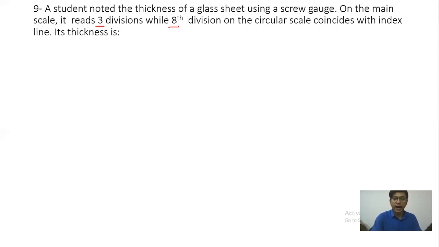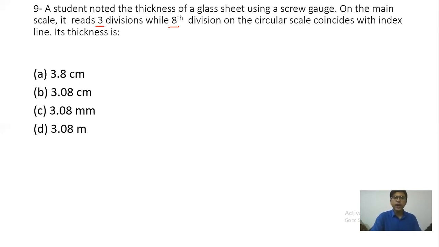Now, what is its value? Either it is 3.8 centimeter, or 3.08 centimeter, or 3.08 millimeter, or 3.08 meter. So what would be the correct answer? Before looking at the correct answer, just solve it. 3 divisions means 3 millimeters. We have to add the circular reading to it to find the whole reading. The 8th division on the circular scale, so this is 8, and we have to multiply it with the least count of the screw gauge, which is 0.01.